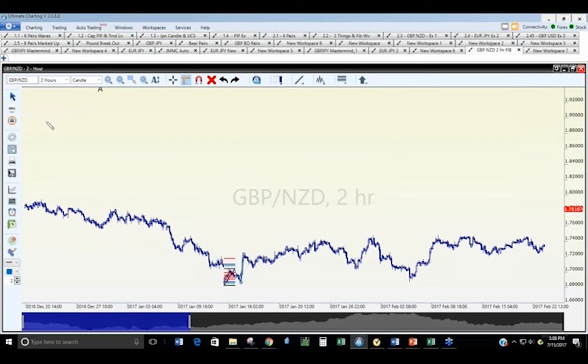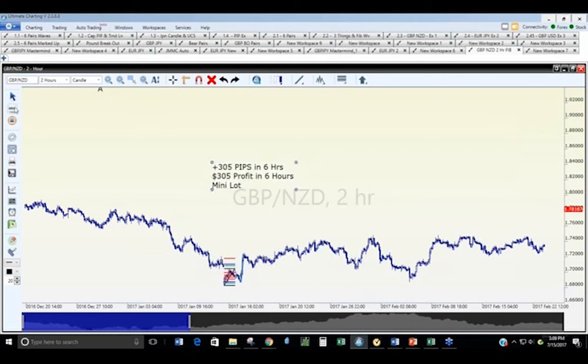That would have been about 305 pips in 3 bars, which is 6 hours. So if you were trading a mini lot, this would be $305 profit in 6 hours, okay?